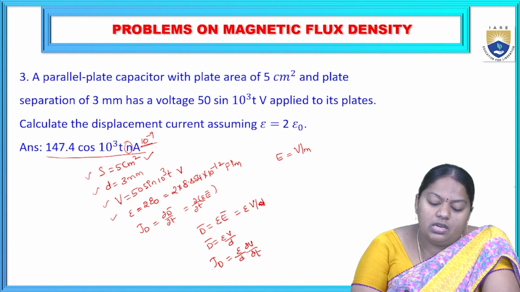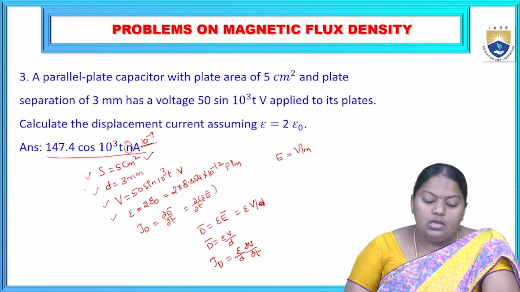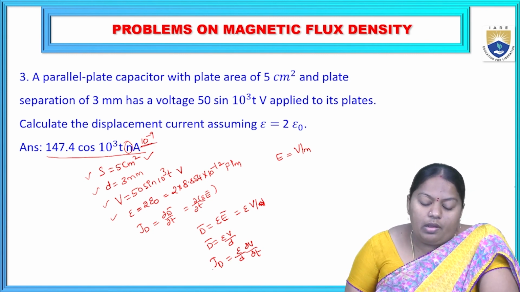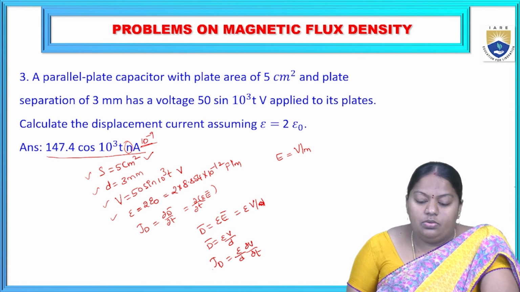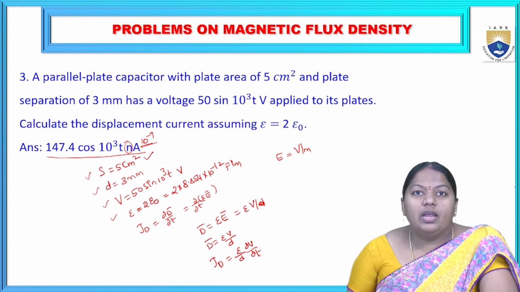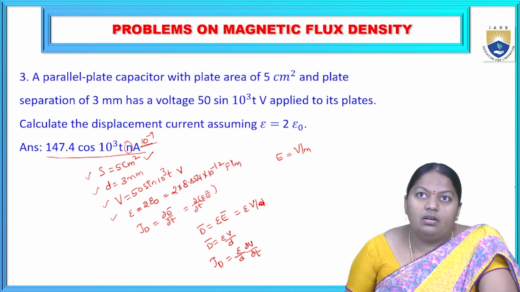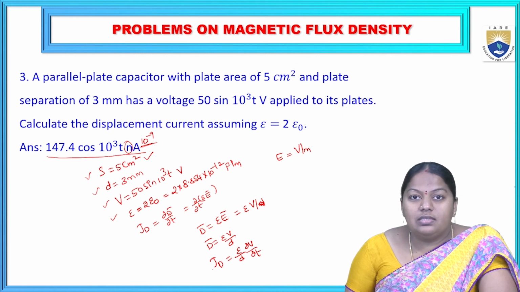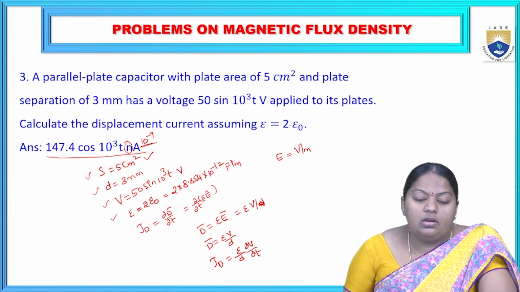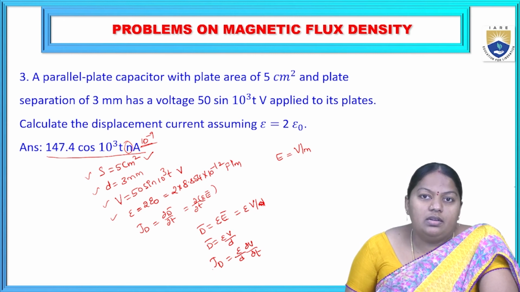So 147.4 cos 10 cube t nano amperes is the value obtained. This is the way we have solved some of the problems based upon magnetic field intensity, magnetic flux density, and displacement current density.